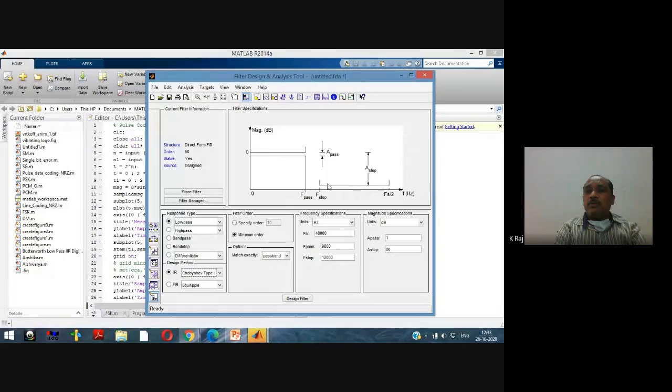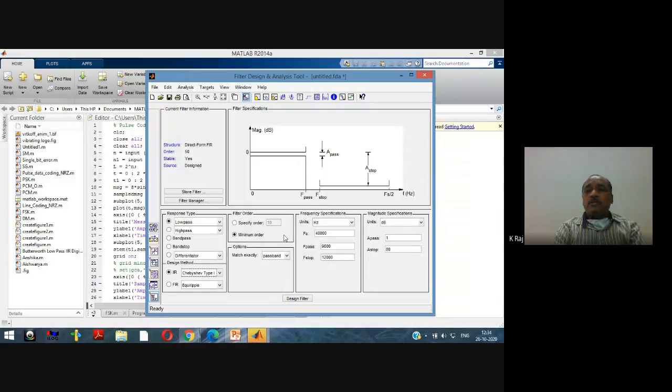And what is the attenuation in the stopband at F stop, the stopband edge frequency, which is named the minimum attenuation of the stopband. We also have to describe the passband and stopband edge frequencies, named F pass and F stop, or sometimes written as FP and FS. Here capital Fs by 2, where capital Fs is the sampling frequency.